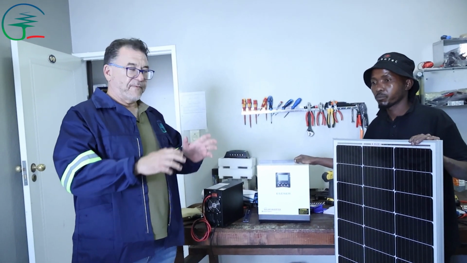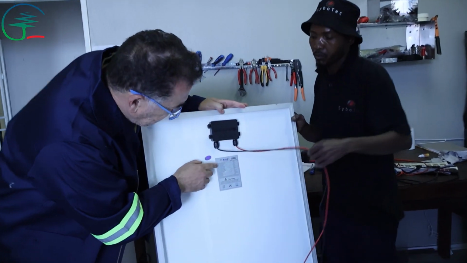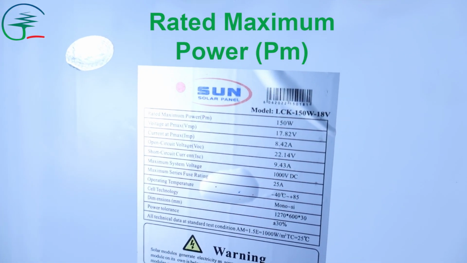So how do we put this together? The first thing you do to see the maximum panels you can connect is take the wattage of this panel, which is 150 watt. You see here on top, it says 150 watt.